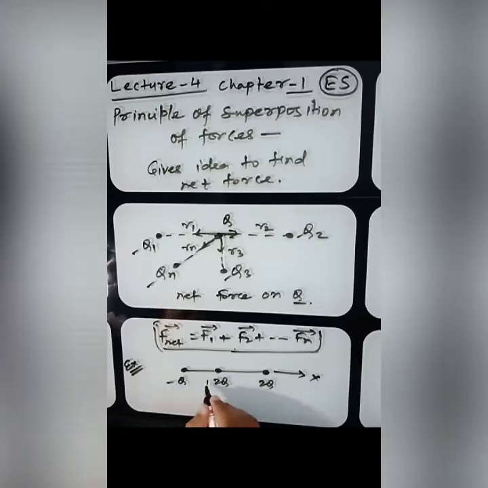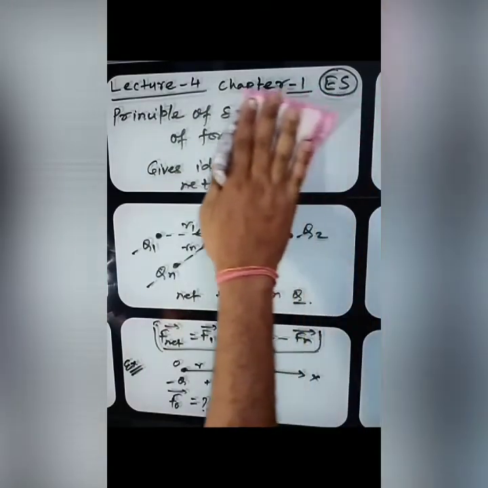This is minus, plus and plus, with distances R and R. If you have to find the net force at O, then what will be the net force at O? Try to solve by yourself, because in gravitation you have solved questions using the superposition principle. I hope you can solve. Otherwise I'll solve this question.